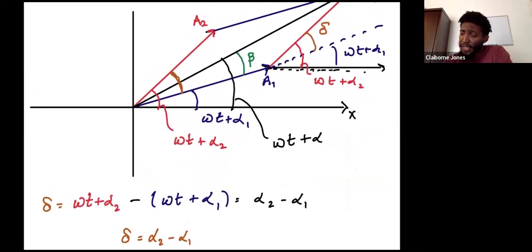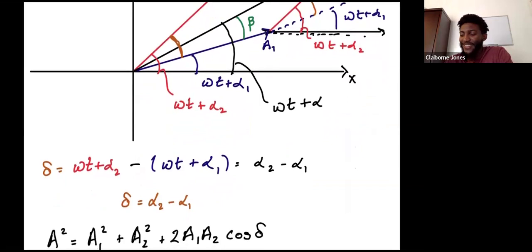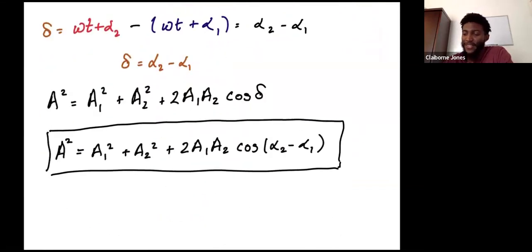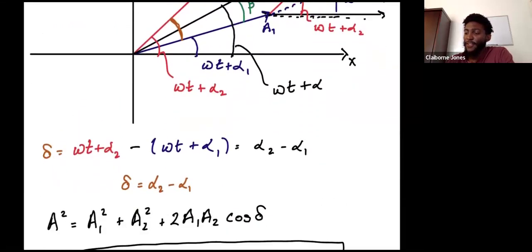So what must beta be? Beta is going to equal our omega t plus alpha minus omega t plus alpha 1. This is another reason we're going slowly on this one. It takes some time to actually get this stuff. It's not very simple to see. Geometry is a very difficult subject.